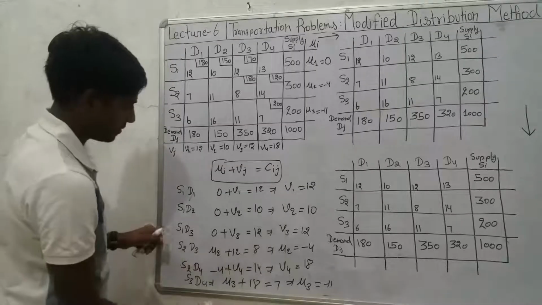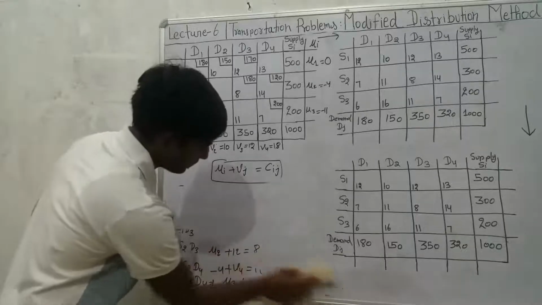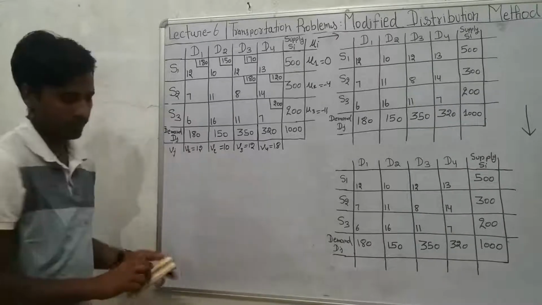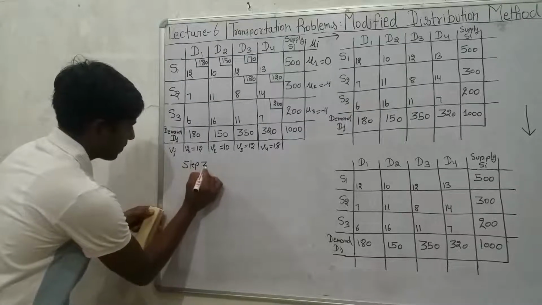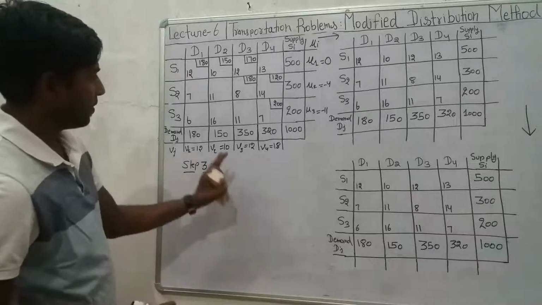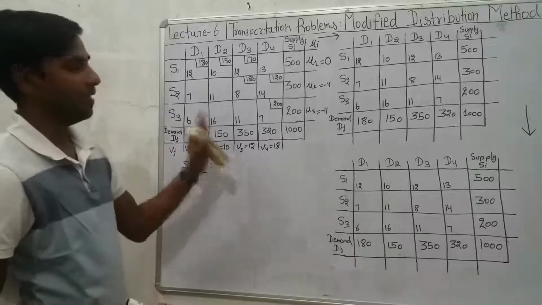Now I'm going to clear it. So what is step 3? In step 3, we need to calculate the opportunity cost of the empty cells.